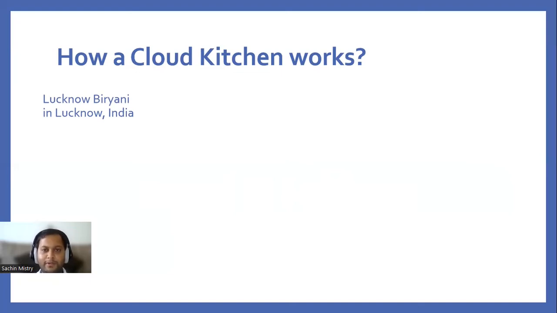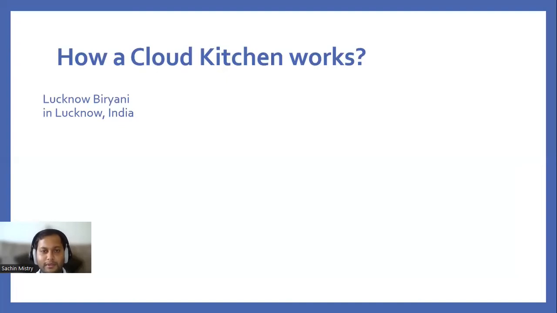The one method is opening or training some new chefs and opening a location in, let's say, Dubai. They'll come here, lease a space, open a restaurant, get all the raw materials, and there'll be a fixed cost to it. The other method which we'll be discussing here is a cloud kitchen method.